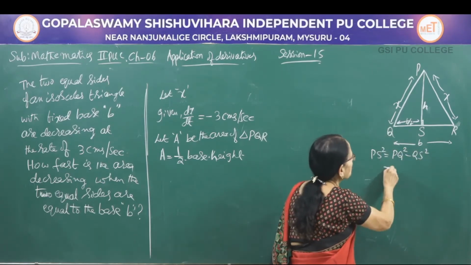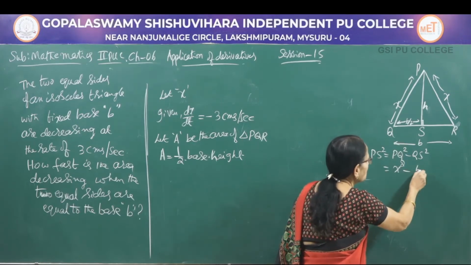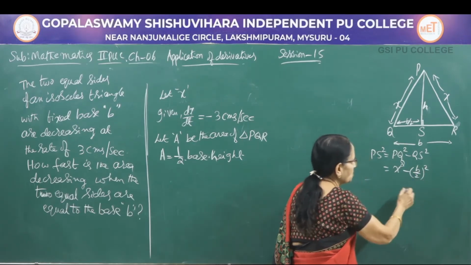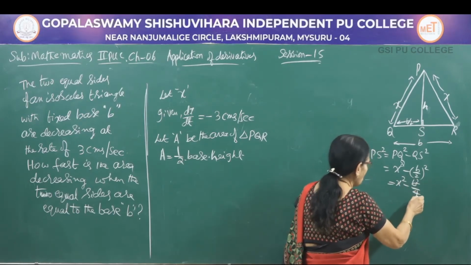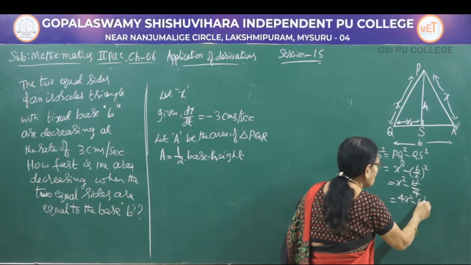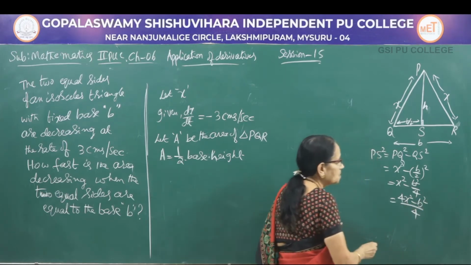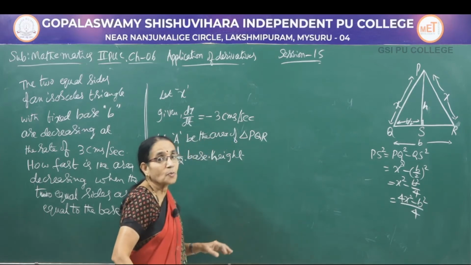What is PQ square? That is the hypotenuse, it is x square, and QS is B by 2 the whole square, so x square minus B square by 4. When you take the LCM, it is 4x square minus B square, divided by 4. This is PS square, the square of the height.